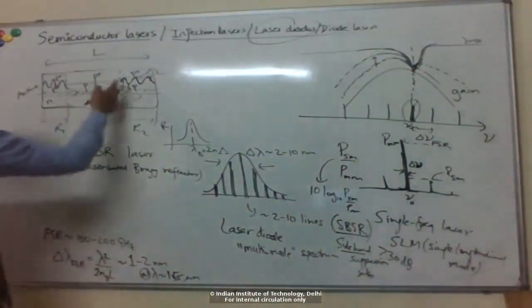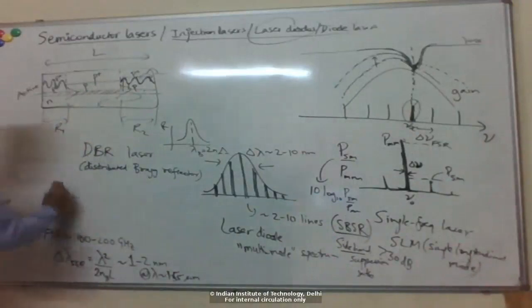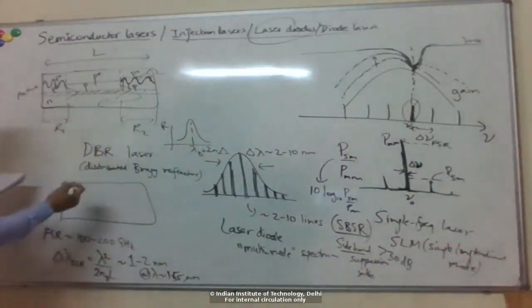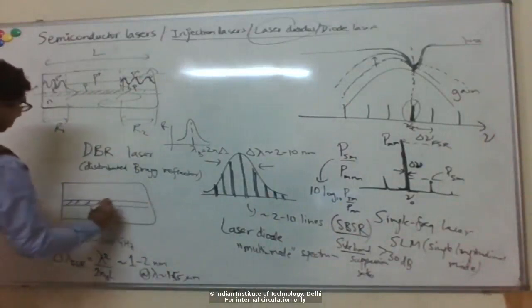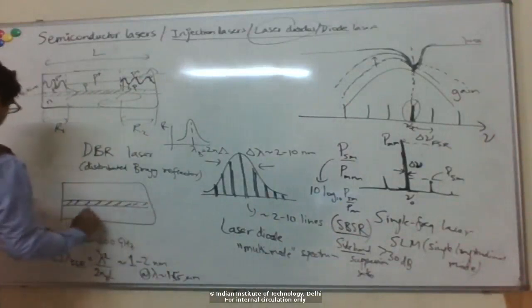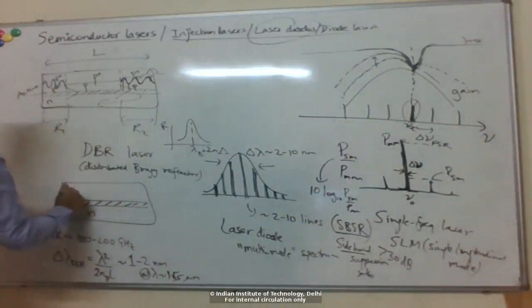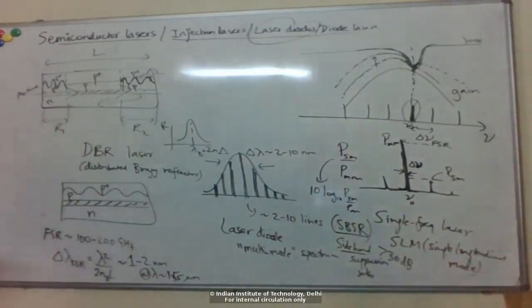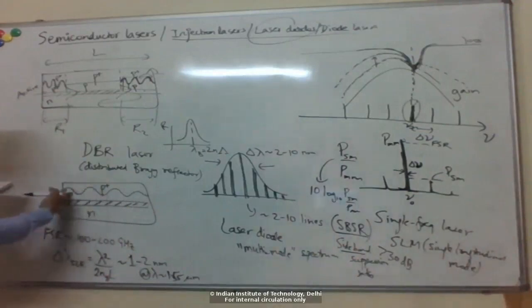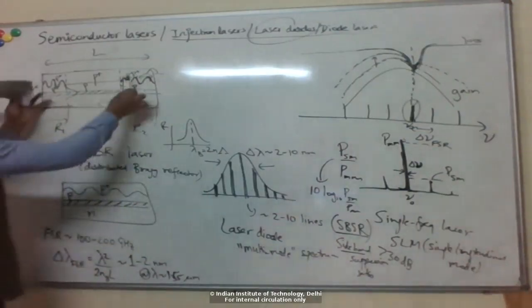An easier structure to make is to have this distributed reflection all over the laser cavity itself. So you can have something like this. Basically, have this Bragg region over the entire cavity length itself. Why have mirrors at the end?